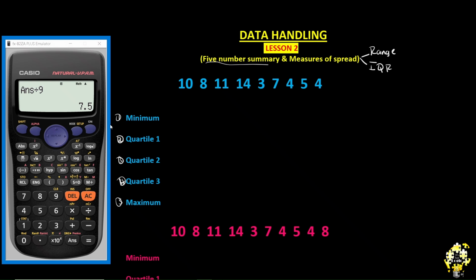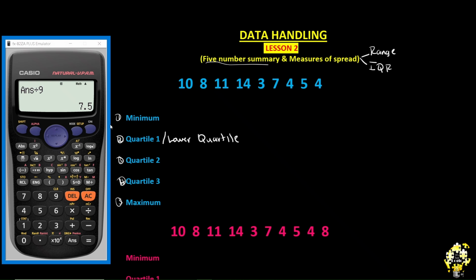Now, I want to make this clear. Quartile 1 can also be known, because this is important, as the lower quartile. So instead of saying calculate quartile 1, they could say calculate the lower quartile.